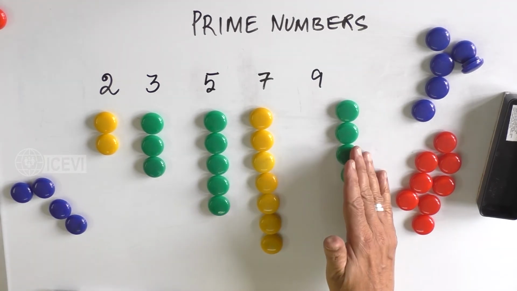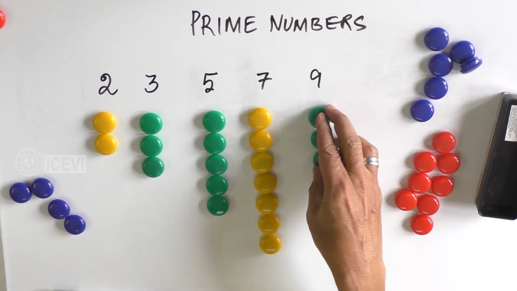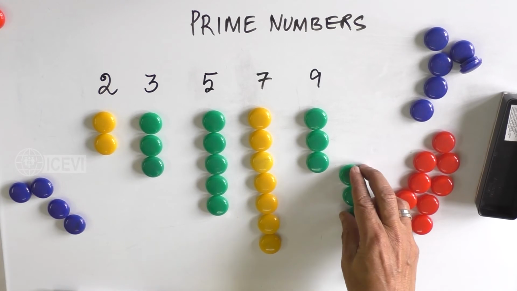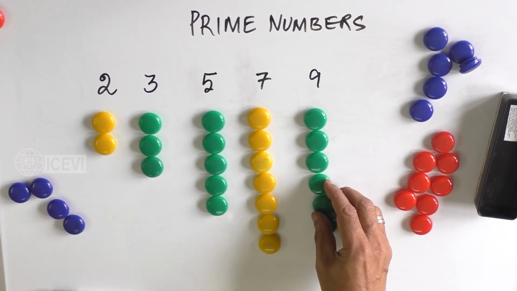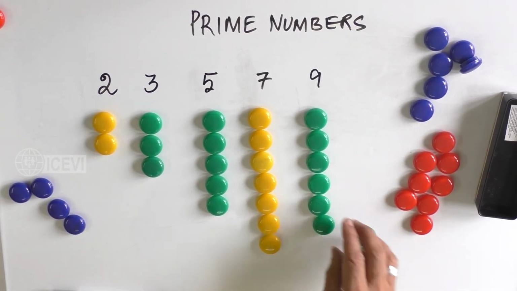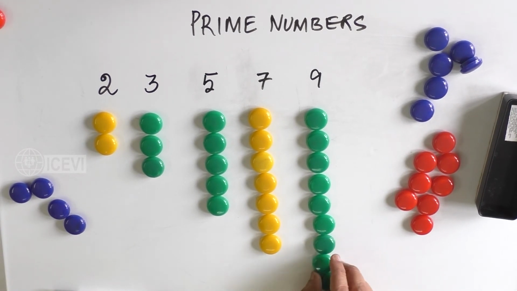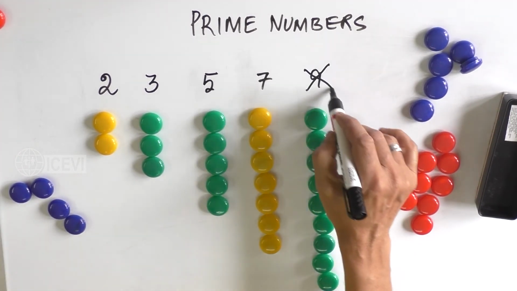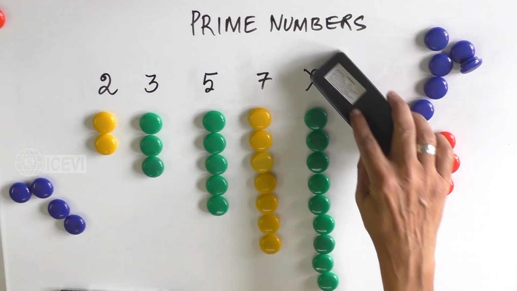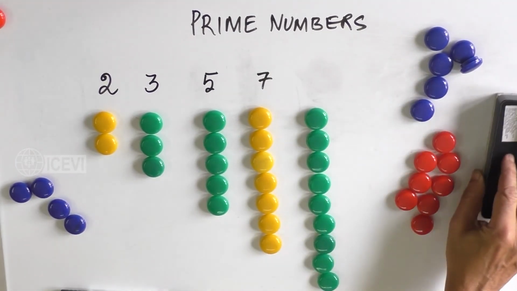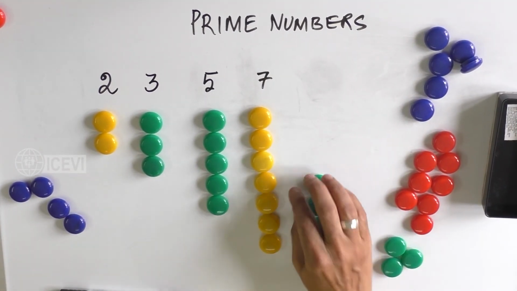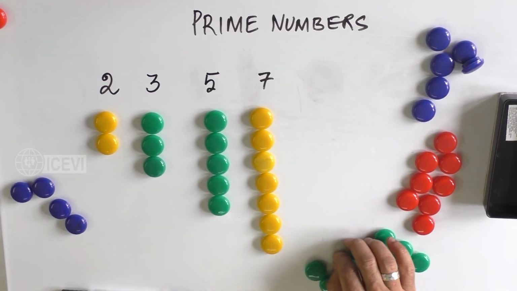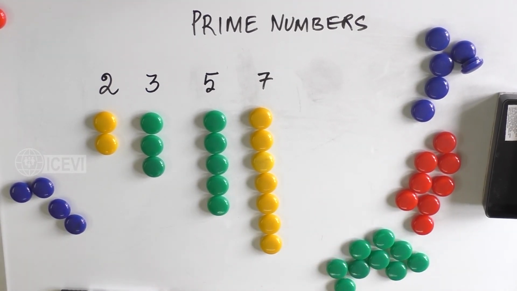So the 9 has a third divisor, which is 3, in addition to 1 and 9. That means 9 is not a prime number. So first time we are getting an odd number which is not a prime number.